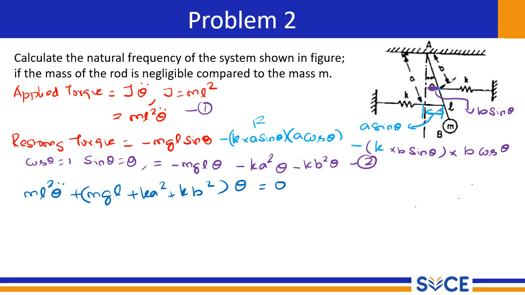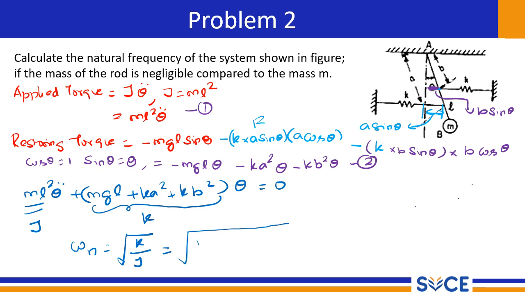Now we know that this is going to be the J part, and this is going to be the stiffness part. So omega n equals root of k by J. What is the stiffness part? mgl plus ka square plus kb square divided by J, the polar moment of inertia, which can be written as ml square.